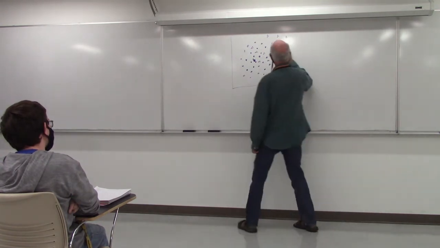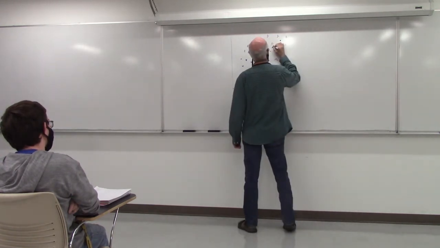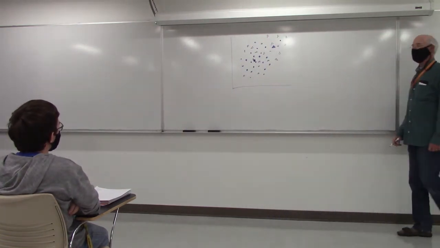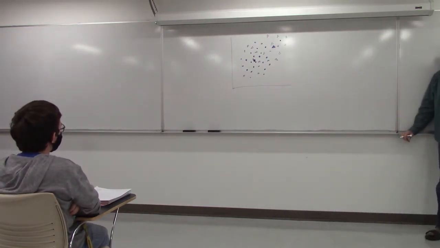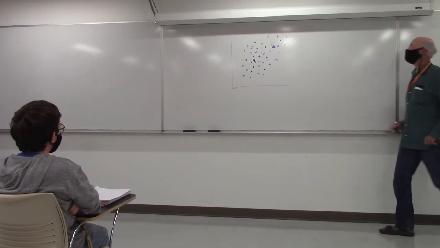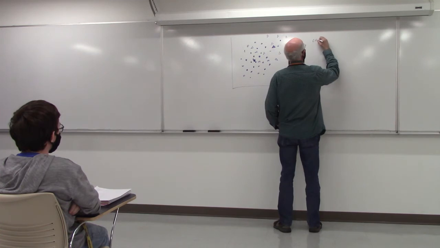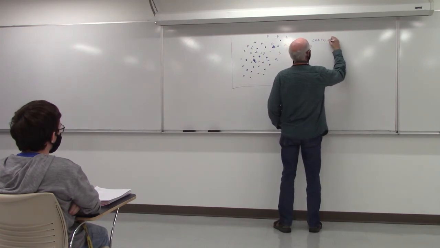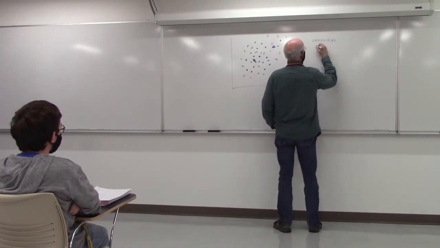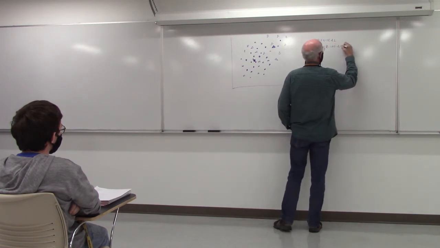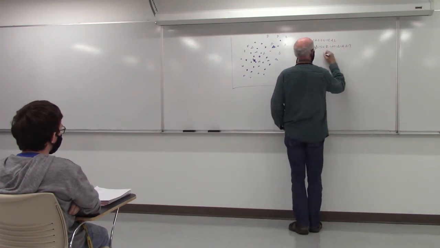I'll fill it in. How's that? Great. Now what? I'll give you a hint. The name of the procedure is Canonical Discriminant Analysis.